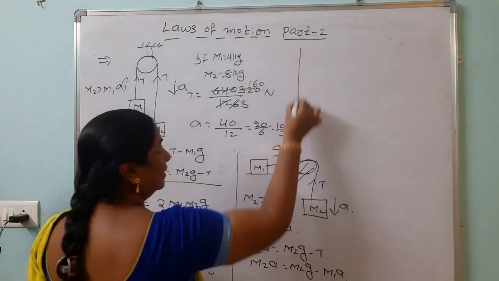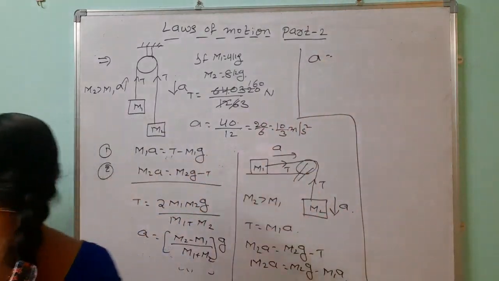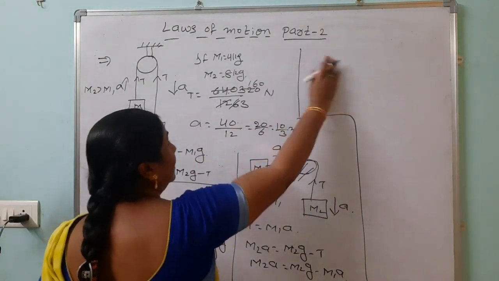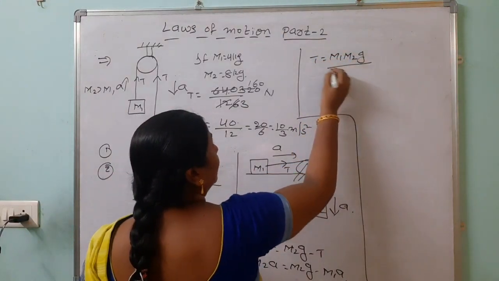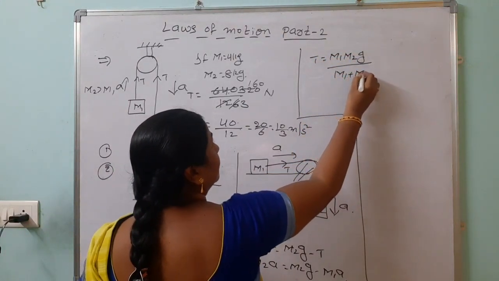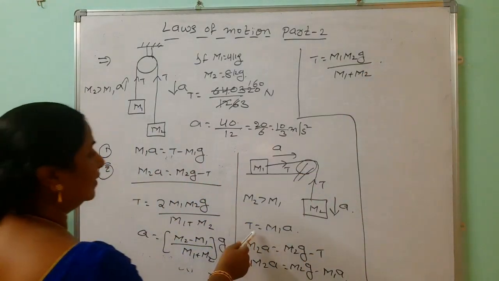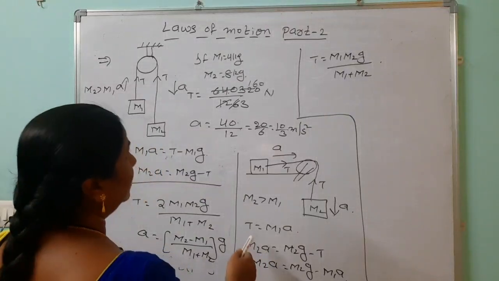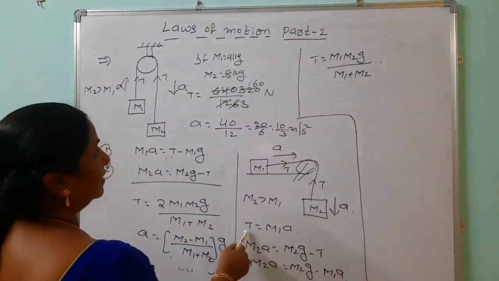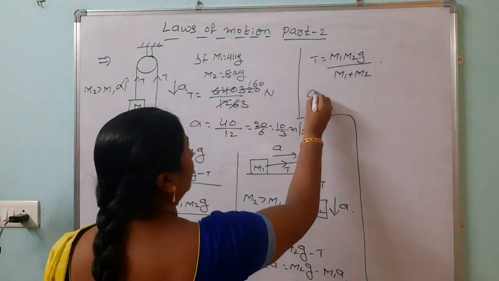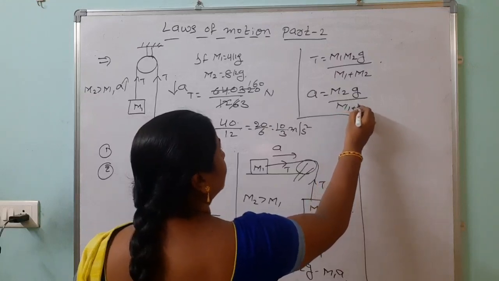After simplification, first of all we find the tension is m1m2g by m1 plus m2. Like that, when you know the tension we can find the acceleration also. Substituting the tension, m1 cancels, and you get acceleration equals m2g by m1 plus m2.